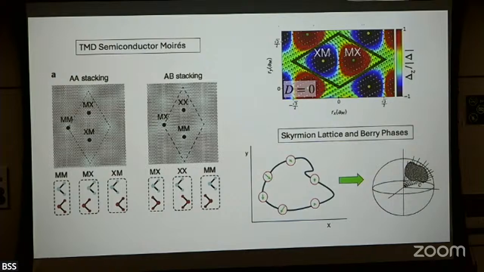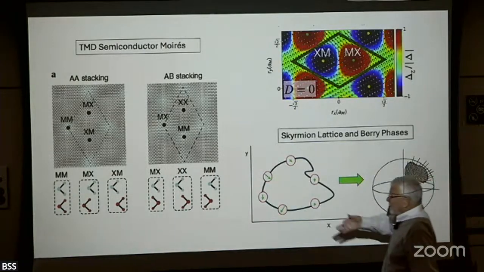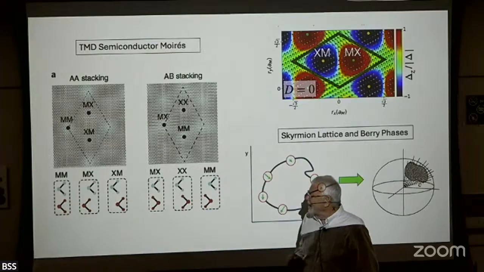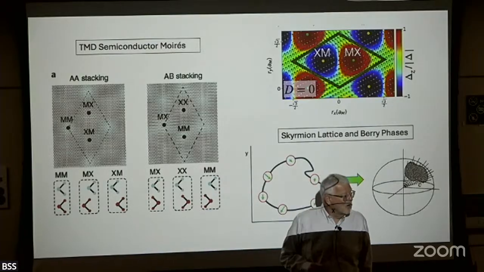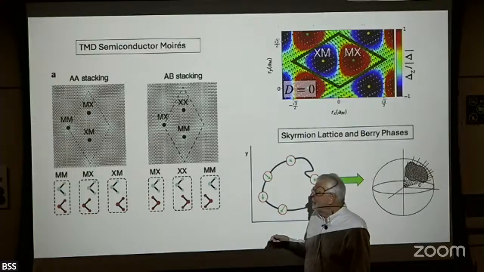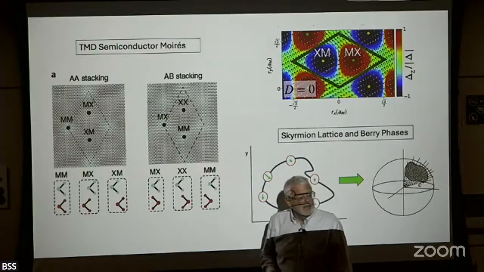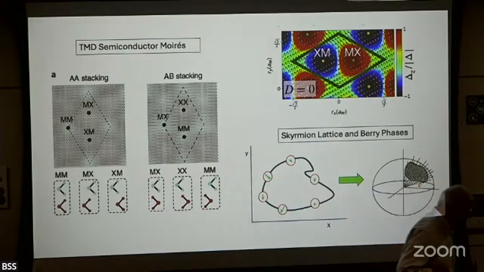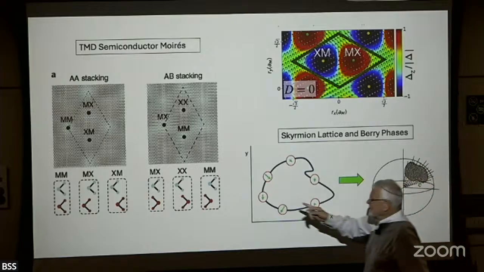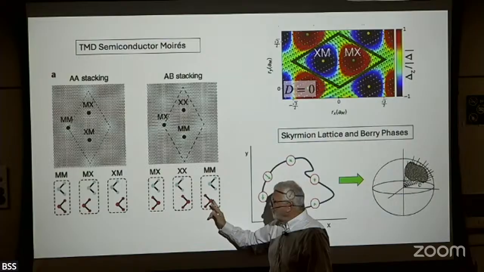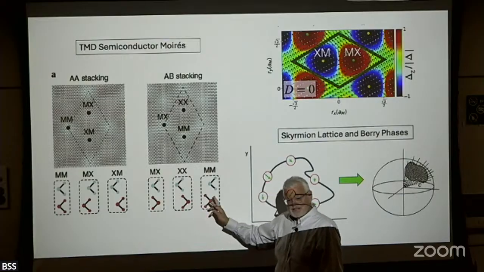This stacking between the layers actually has the lowest energy, and it's the thermodynamically equilibrium one. And if you twist slightly away from this system, you get a Moiré pattern.